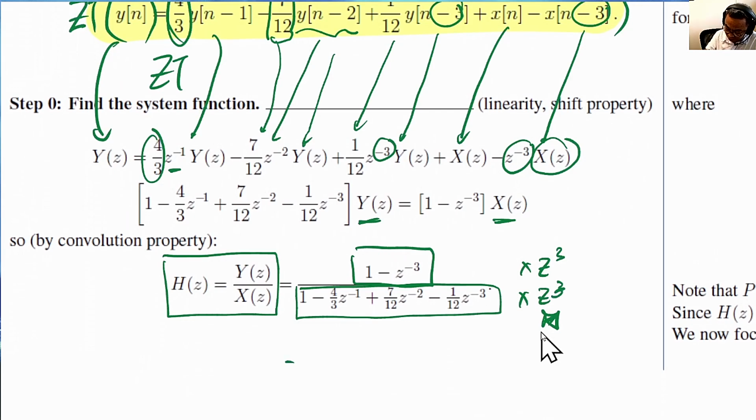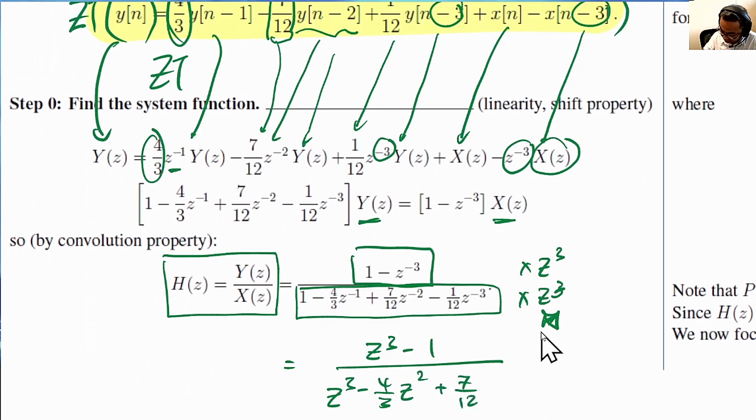So we can get (z^3 - 1) divided by (z^3 - 4/3 z^2 + 7/12 z - 1/12). So this is in the positive power of z, or this is in the negative power of z. They are the same H(z).